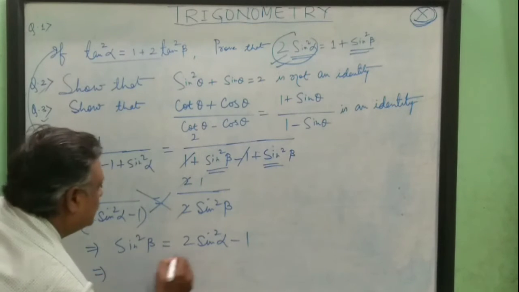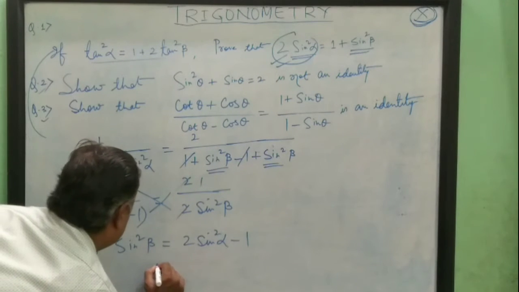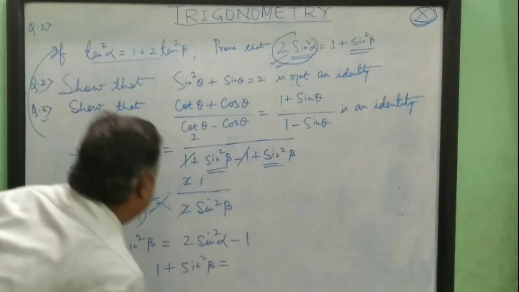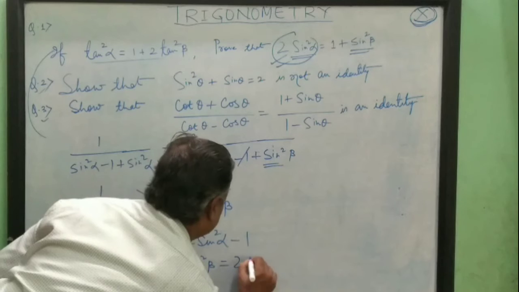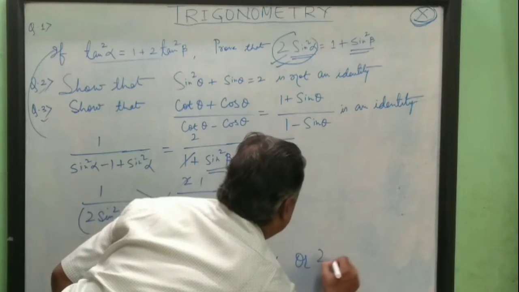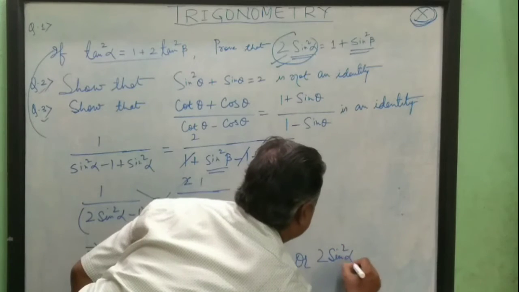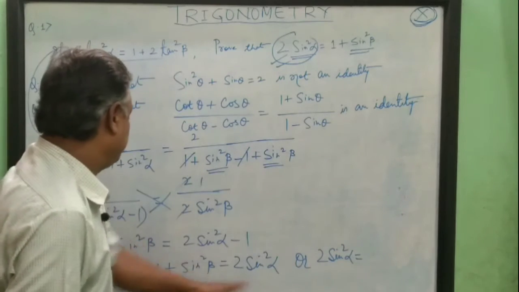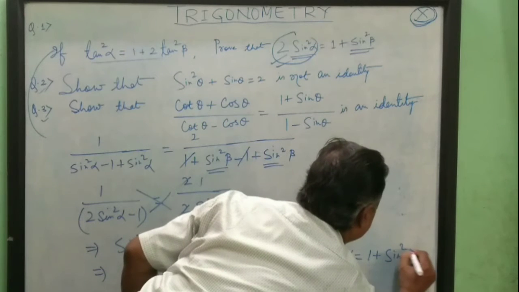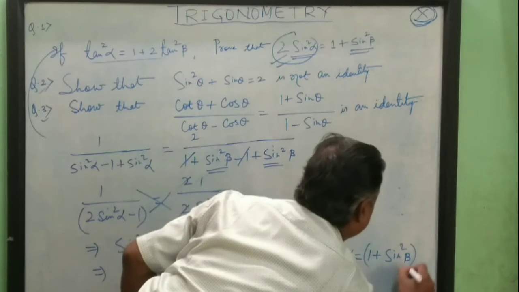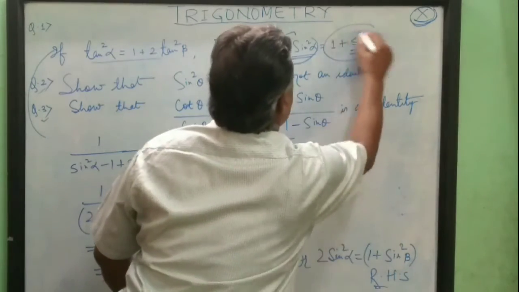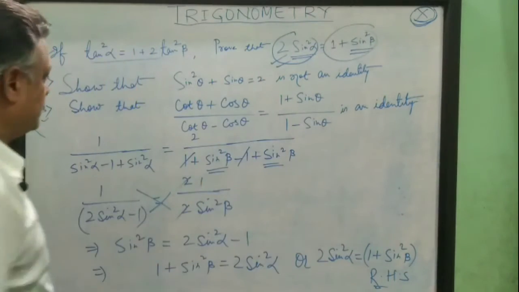So it is 1 plus sin square beta is equal to 2 sin square alpha, or we can write 2 sin square alpha is equal to 1 plus sin square beta, which is our right hand side. So in this way we can prove this. Note down.